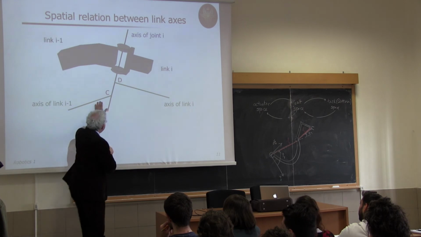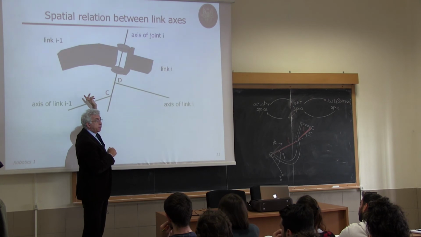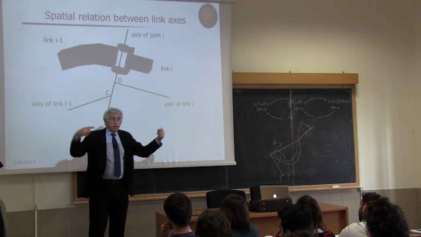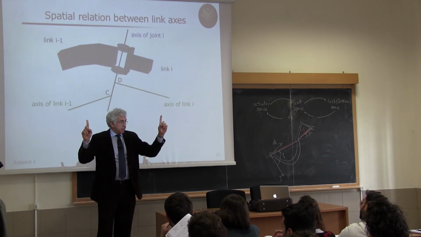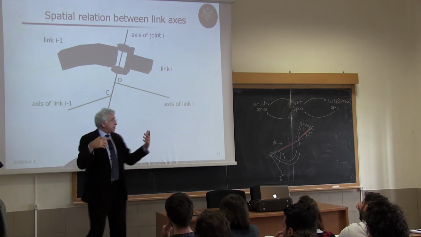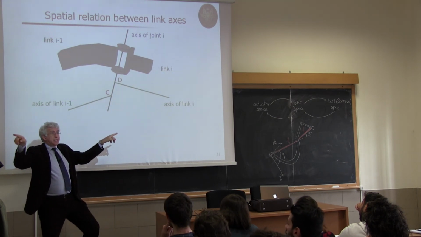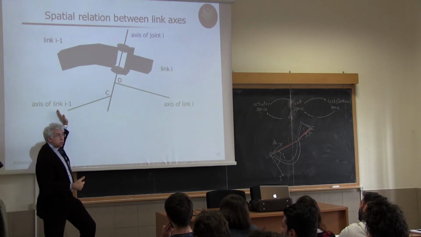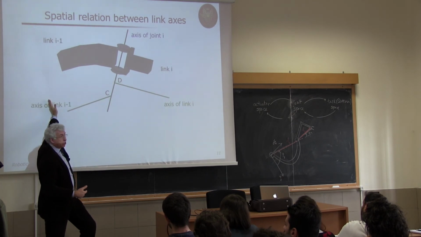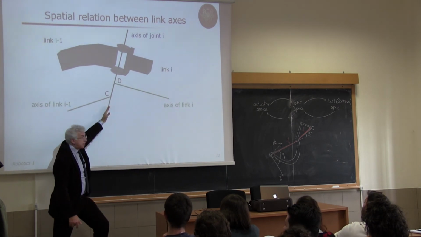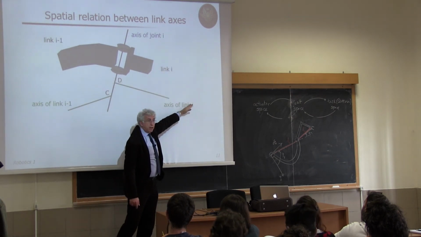So remember that here there are 2 points, C and D. We had A and B in the previous slide where the common normal is intersecting the joint axis I and I+1. Here is the same. C and D is where the link axes, which are common normal between joint axes. So this is common normal between this joint axis, which is not shown, and this joint axis I. And this is the common normal between this joint axis and joint axis not shown I+1.